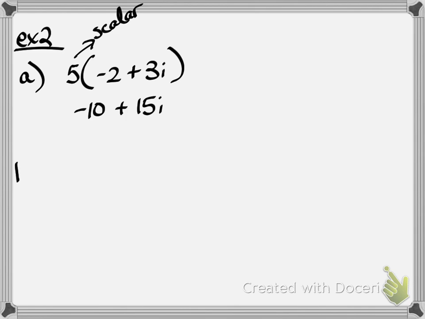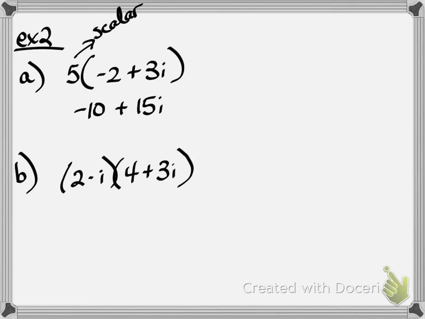B part. What if you have (2 minus i) times (4 plus 3i)? Well, if you're multiplying something with 2 terms each, we're going to FOIL. So we still FOIL. You get 8 plus 6i minus 4i minus 3i squared. Now, I don't know if you remember what i squared is equal to.